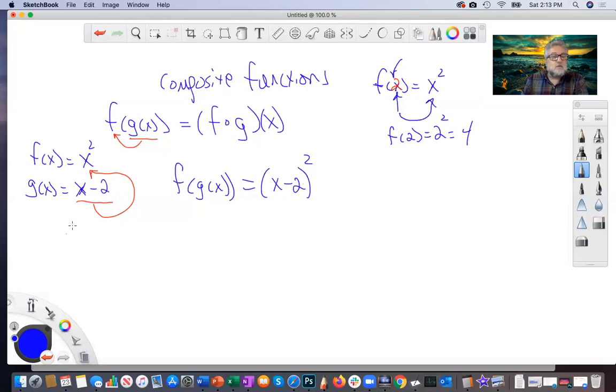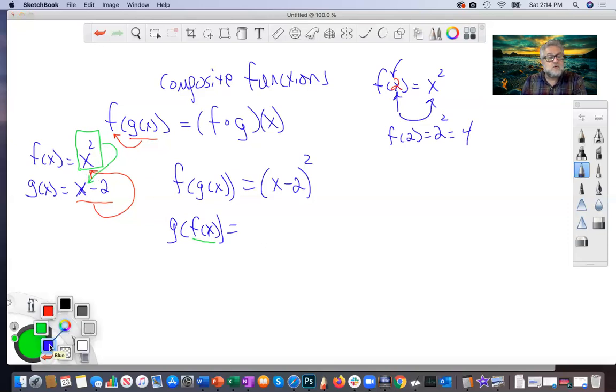Okay? Now we can do it the other way. I can ask you what is g of f of x. And that means I'm going to take this function, and wherever I see an x in the function g, I'm going to replace it with this function. So I'm going to take that and stick it into there. And that's going to give me x squared minus 2.